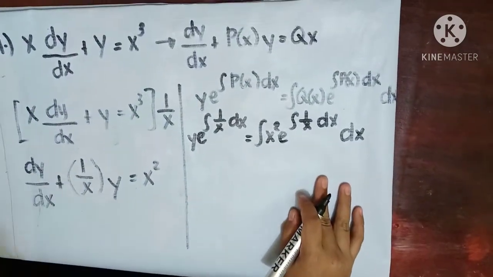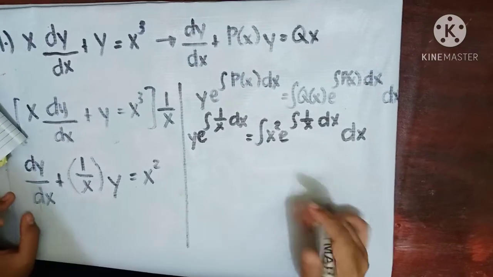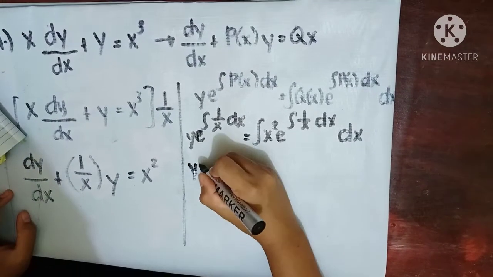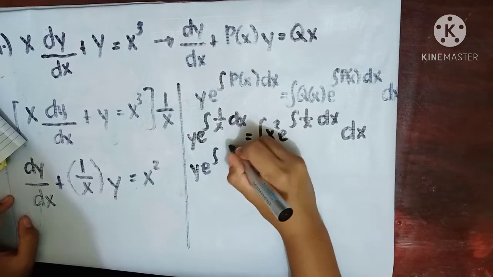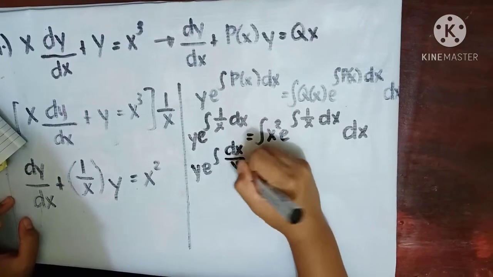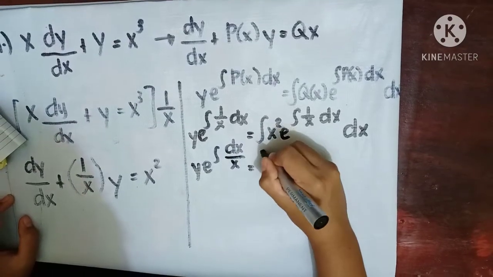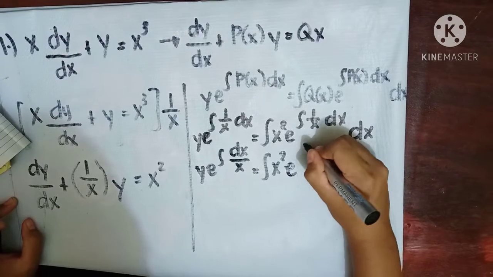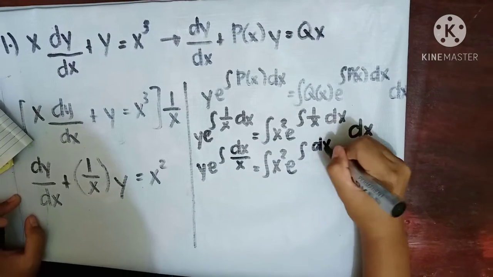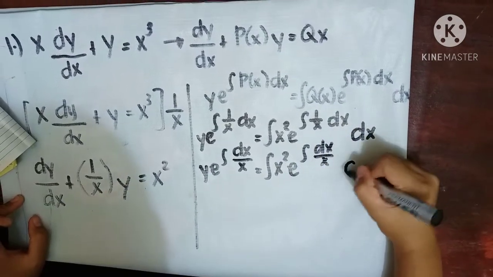Then we integrate. We have y times e raised to the integral of dx over x equals the integral of x squared times e raised to the integral of dx over x dx.